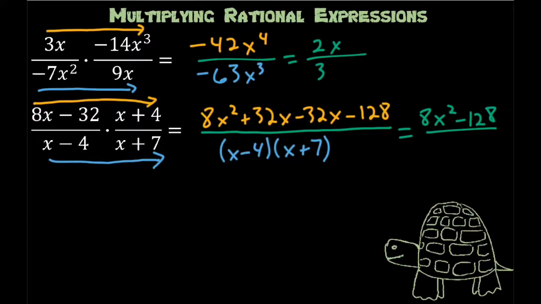All of that is going to be over the quantity x minus 4 times the quantity x plus 7. That's how we're going to multiply rational expressions. It's a lot like multiplying rational numbers, just mixed with multiplying binomials often it seems.